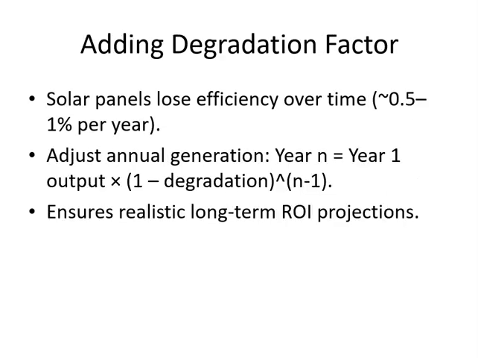Solar panels lose efficiency over time, usually about 0.5% to 1% per year of operation. We account for this by multiplying the first year's output by 1 minus the degradation rate for each subsequent year. This makes our projections more realistic for long-term planning, and that's what differentiates the simple payback period from the more realistic one.